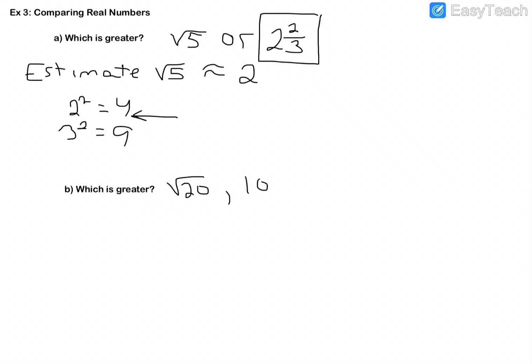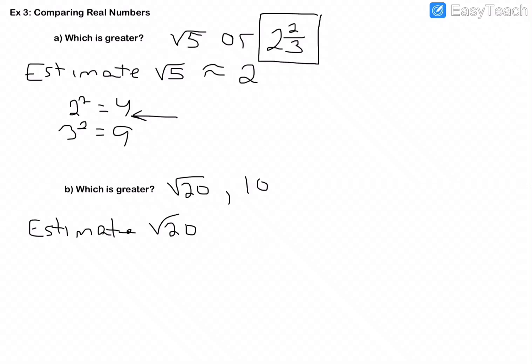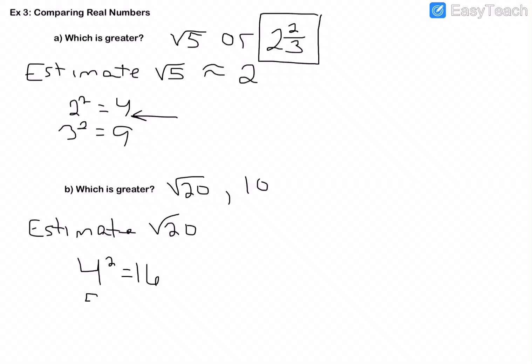Okay, so again, we need to estimate the square root of 20. Let's see, 3 squared is 9, 4 squared is 16. Okay, so that's close. 4 squared is 16, and 5 squared is 25. 20 falls in between 16 and 25.